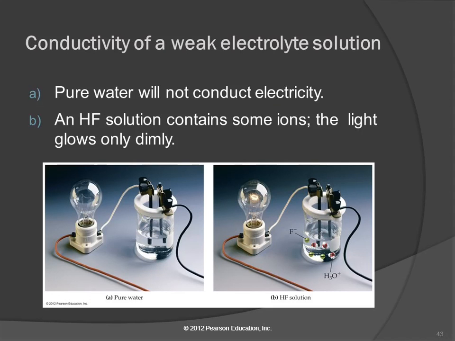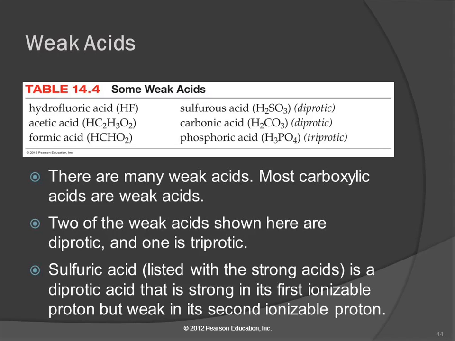So comparing the water and a solution of HF, we see this is just barely glowing. So there are some ions, but not nearly as many. Here are some common weak acids: hydrofluoric acid, acetic acid, formic acid.